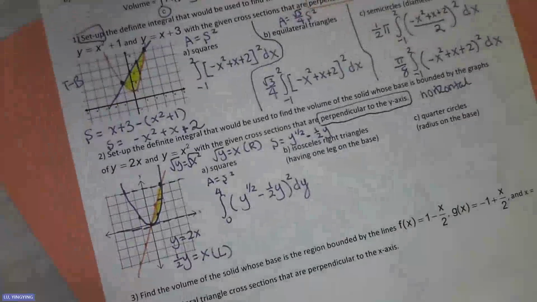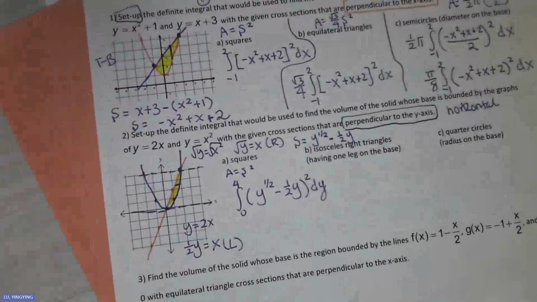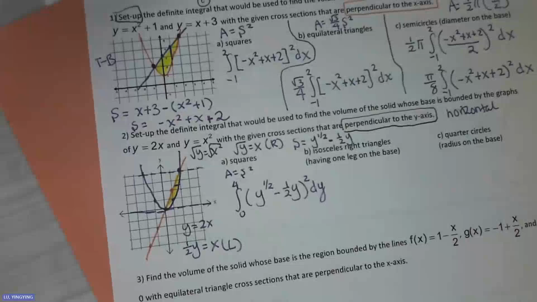All right, try part B yourself. I want to have the and then also part C. I already told you what S is. All you do is plug into the cross-section area formula. Part B, I want the isosceles right triangle where the leg is on the base, which means your S is the leg. I like cross-sections.